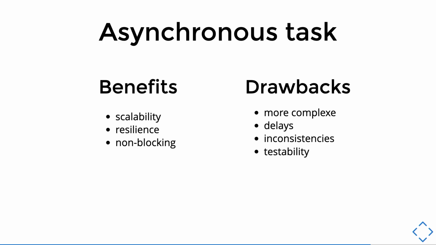Okay, what are the benefits of asynchronous tasks? Of course, the scalability, like I said, and the resiliency, because if something failed, you can retry and retry and retry. We can even fix, deploy the new code, not fix in production, and retry at this time. So you can basically not lose any message.